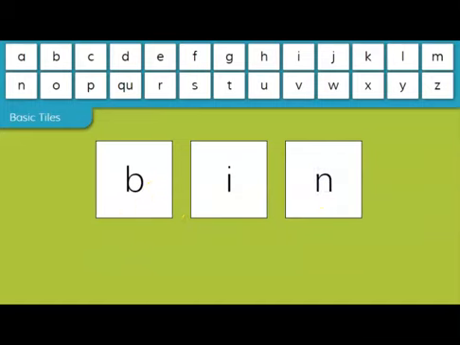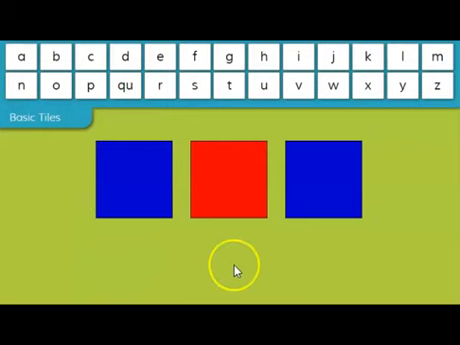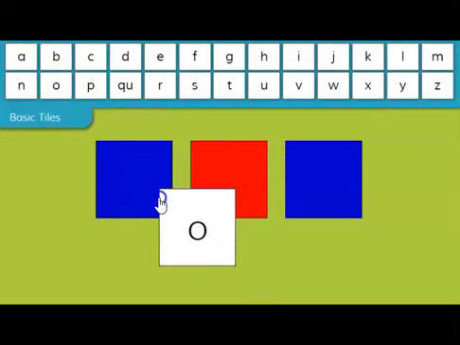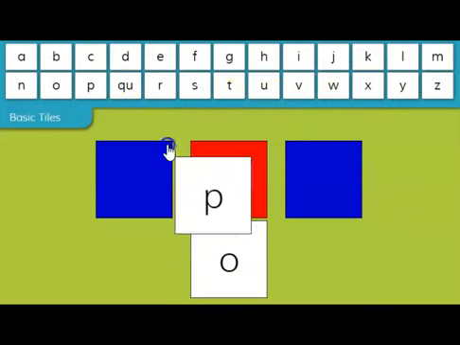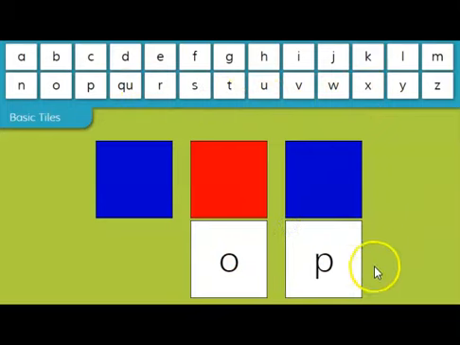Okay, let's delete. Let's try another word family. Let's try the short O sound. And we know the vowel in a CVC word is going to be the middle sound. And let's look for the letter P. O, P. We notice this is the letter O. It is a vowel.